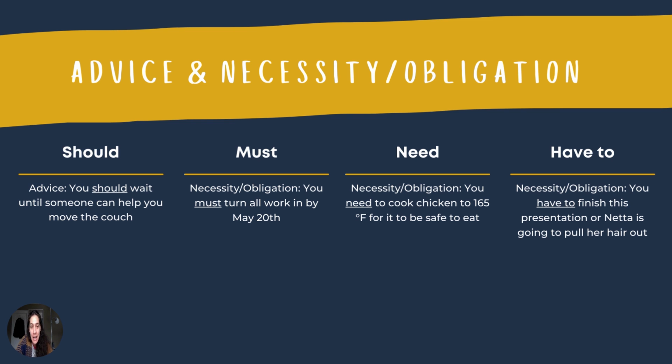So as a student in Netta's class, I must turn in my work by May 20th because that's the last day of this semester. Now, I must have it turned in sooner than that, but to keep things simple, we'll say May 20th. Am I going to die if I don't turn it in by May 20th? No. Bad things will happen, but I don't need this in order to keep alive, to stay alive, to survive.